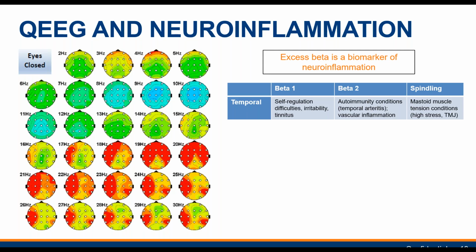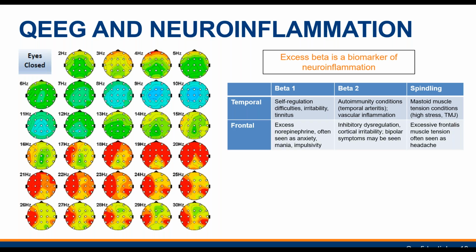So it's not something that we want to write off as muscle artifact. Really, nothing in this graph shown here is muscle artifact. It's all neuroinflammation related to potentially autoimmune conditions, potentially self-regulation difficulties, and psychiatric conditions. We have to do a little bit of hunting and further investigation to figure out exactly what, but this is a way to break down what's happening in the temporal lobe.